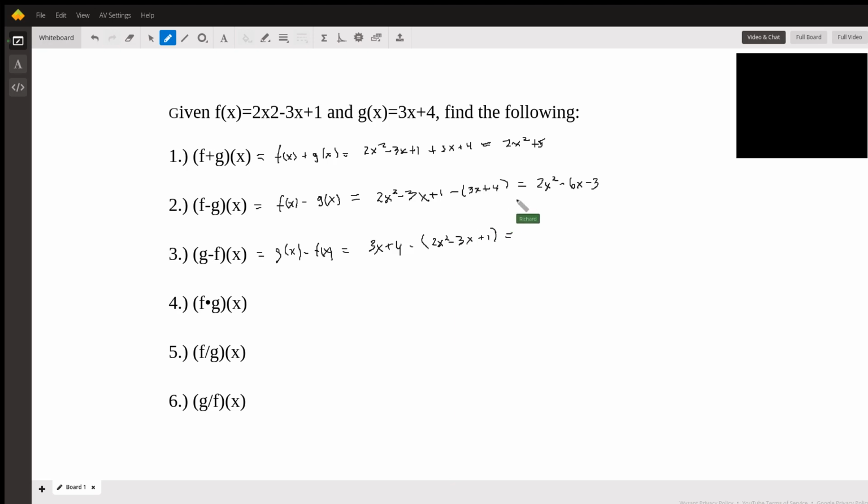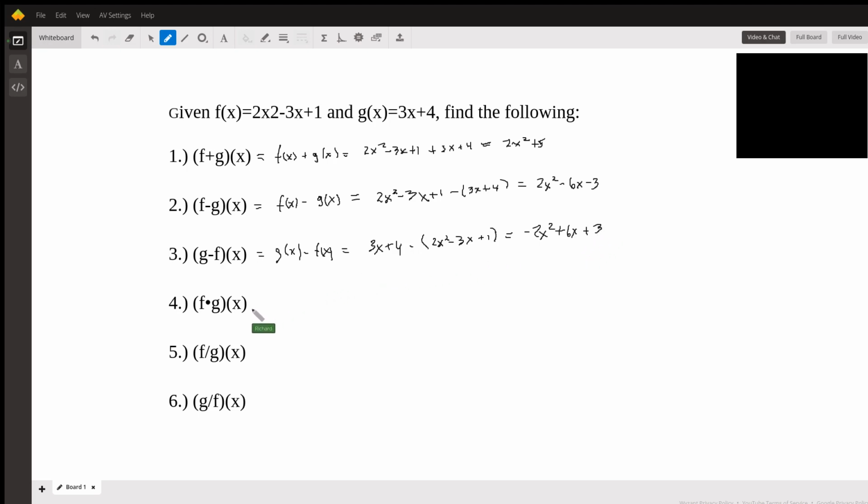Once again, we'll start with the squared term. This is just going to be negative 2x squared because you have to distribute the negative. And then you're going to get a 3x plus a 3x, again, because we're distributing. So that's plus 6x. And then negative 1 plus 4 is going to be a plus 3.